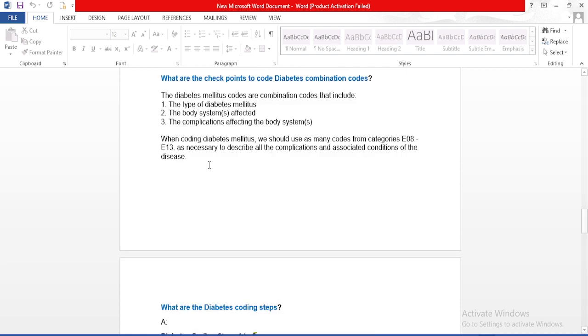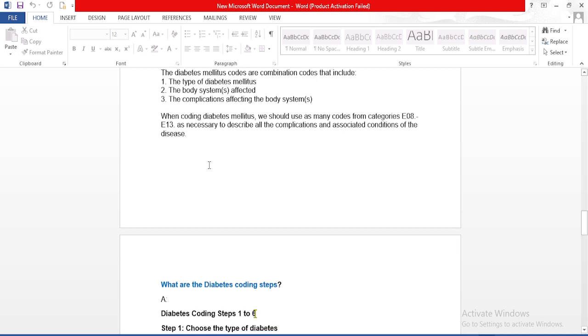Next one, what are the checkpoints to code diabetes combination codes? Basically, the diabetes mellitus codes are combination codes which generally include the type of diabetes, the body system affected, and the complications affecting the body system. As per the guidelines, when we code diabetes mellitus, we need to code a number of codes based on the patient's described complications.